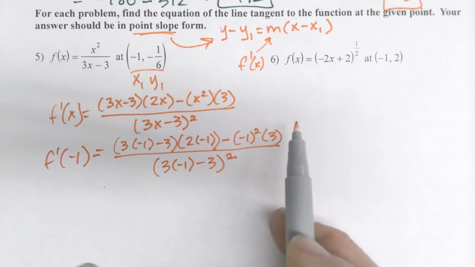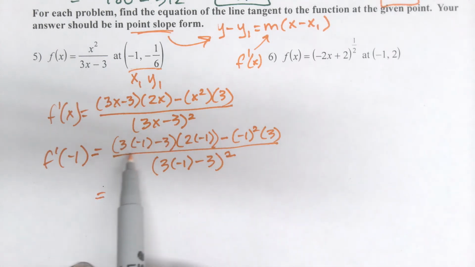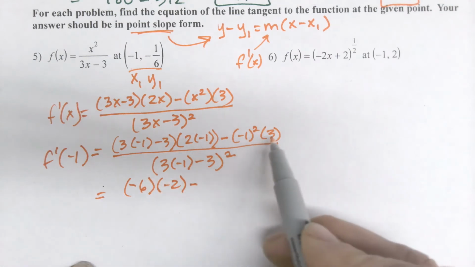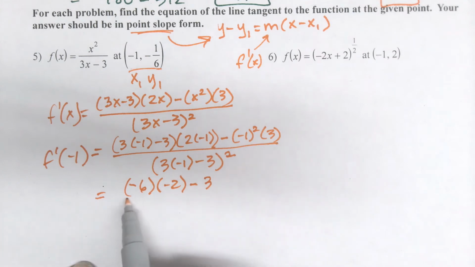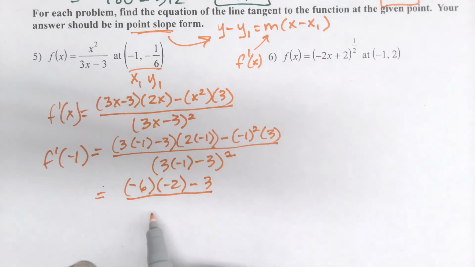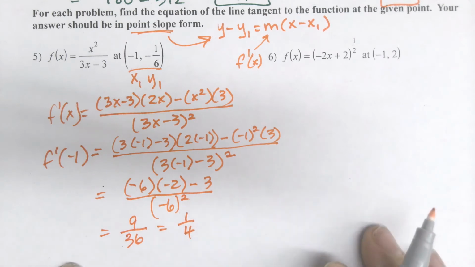Getting a little bit ugly, but all I'm doing is math here. So I'm going to end up with negative 6 times negative 2 minus 3 over negative 6 squared, which is 12 minus 3, or 9 over 36, which comes out to be 1/4.